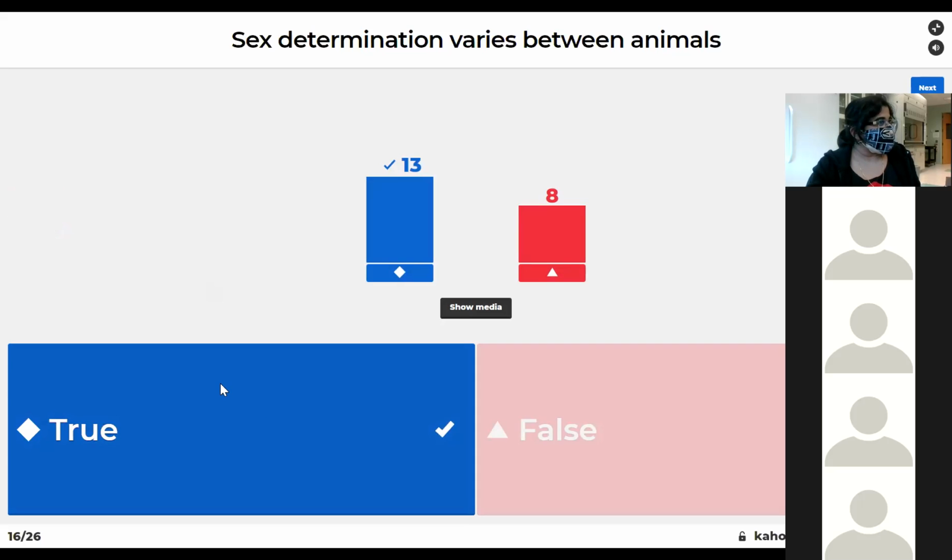Yes, that is true. It varies. So it depends on the species or animal which sex chromosomes you have and whatever else is there.